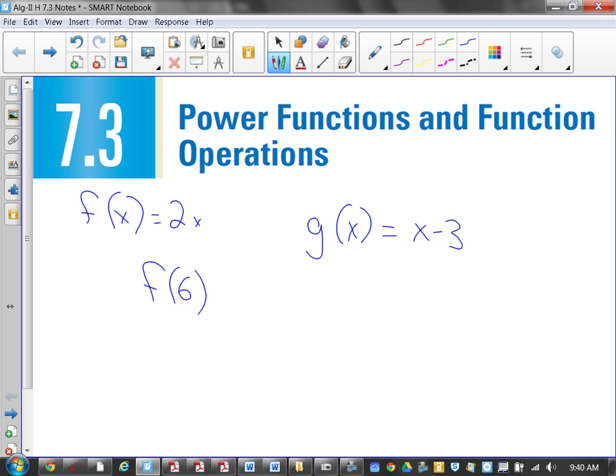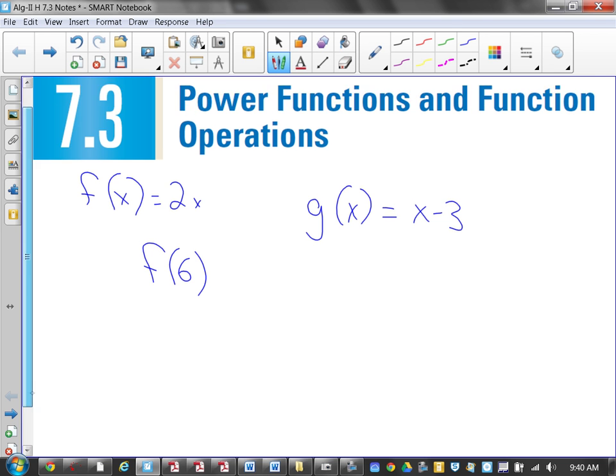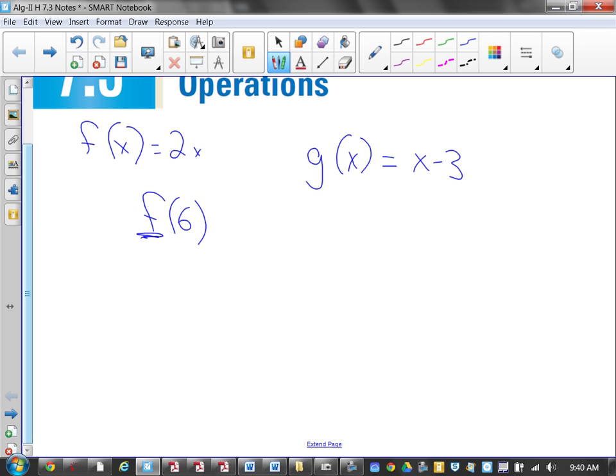This is called, for lack of better terms, direct substitution. You guys have seen this before. This is something that you will see on ACTs. It's so commonly used. They use a lot of this function notation for a lot of stuff. What this is basically telling you to do is you take the f equation and you substitute 6 in for x. So you get 2 times 6, otherwise known as 12.